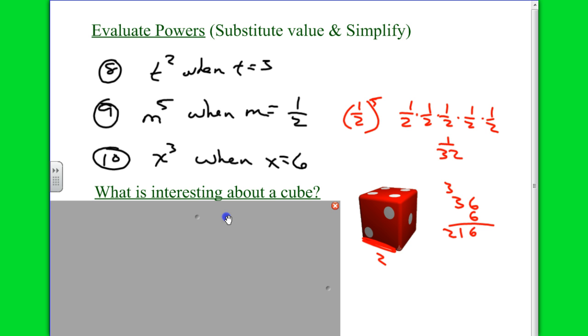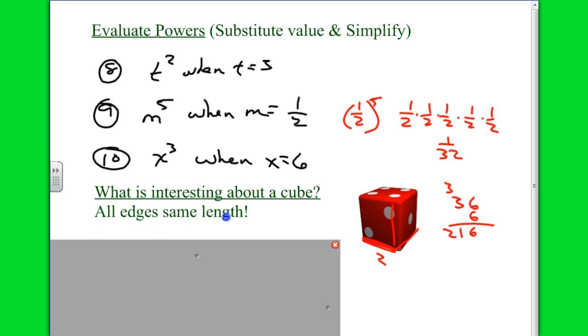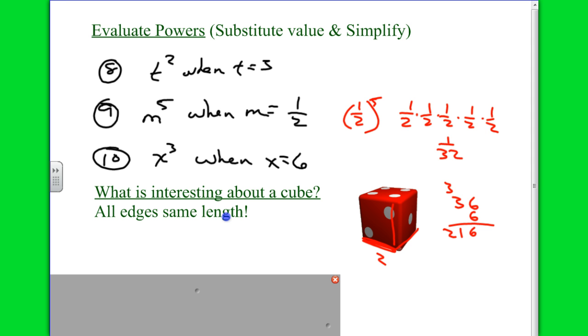They're all 2. So to find the volume of that, I would just go 2 times 2 times 2. It's 2 to the 3rd. So if you come across a problem that talks about cubes, remember, all I need is one edge, and I can find the volume. Because the volume of a cube is base length times width times height. Okay? So one side cubed.